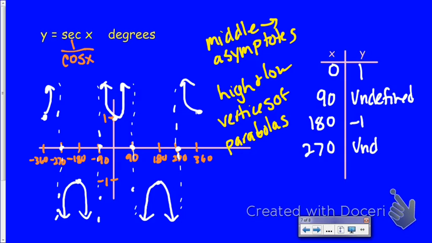So all I need to do is graph the equivalent reciprocal function and plot those points. I'm just not going to connect the dots. Instead, I'm going to turn middle points into asymptotes, and high and low points into parabolas. So we're going to use that idea to graph the cosecant parent function.